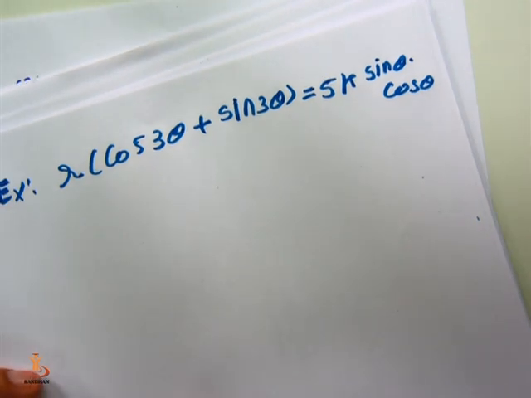So on the left hand side we have two well-known terms, cos 3 theta and sin 3 theta, for which we have the formulas: cos 3 theta is 4 cos cube theta minus 3 cos theta, and sin 3 theta is 3 sin theta minus 4 sin cube theta.